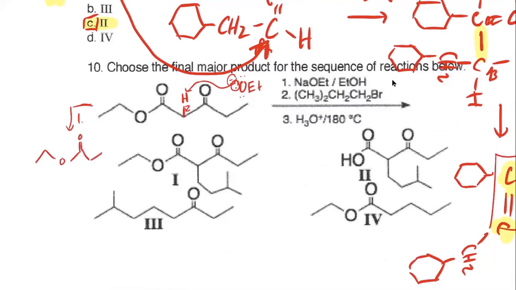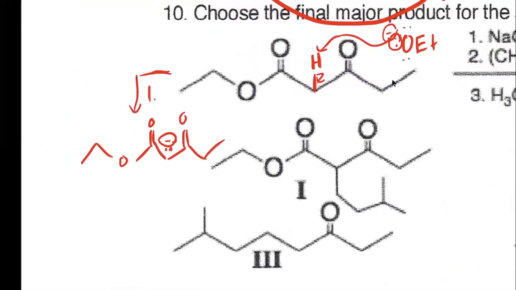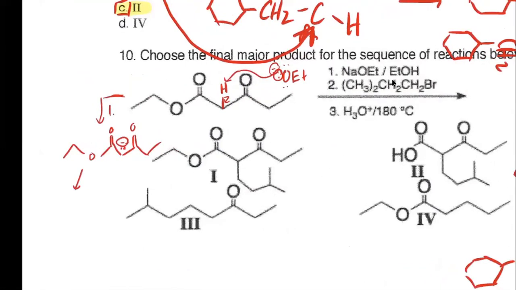But it's very easy to miss carbons with these. Okay. So we have the deprotonation there, and that's going to form this strong nucleophile, right? Because that is a negative charge on a carbon still.